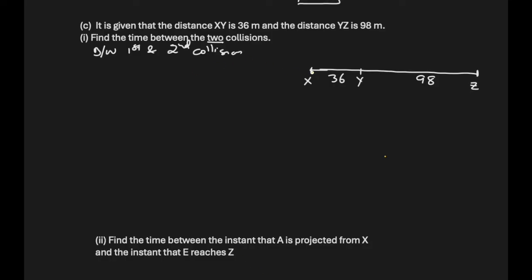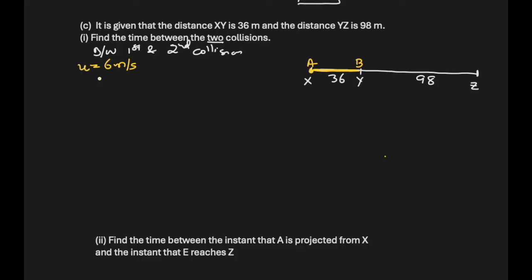First, let's find how much time the first body A takes to collide with B here. Okay, this is 36 meters. Since this is a smooth surface, there is no resistance, so there will not be any deceleration. So the same speed with which it was going, what was this initial speed? 6 meters per second, right?